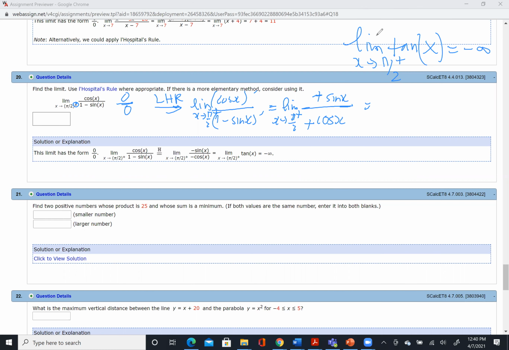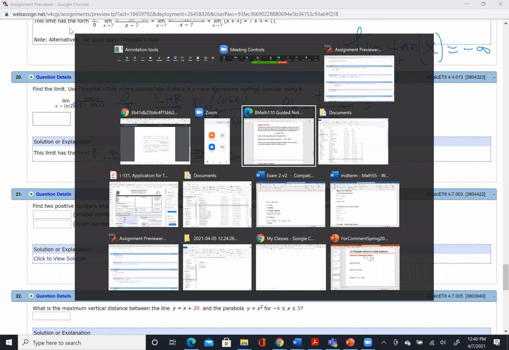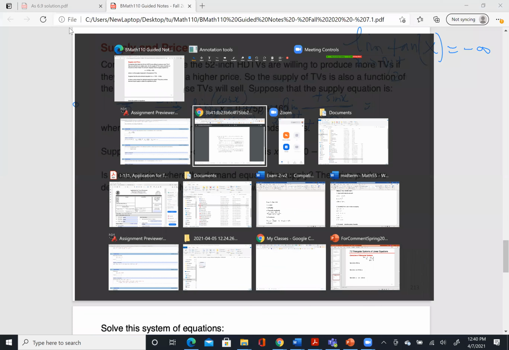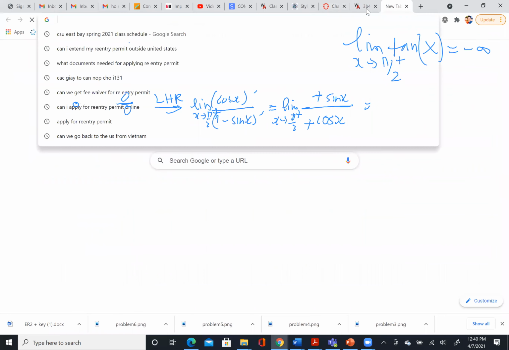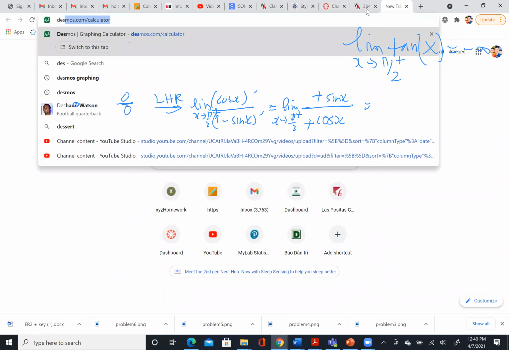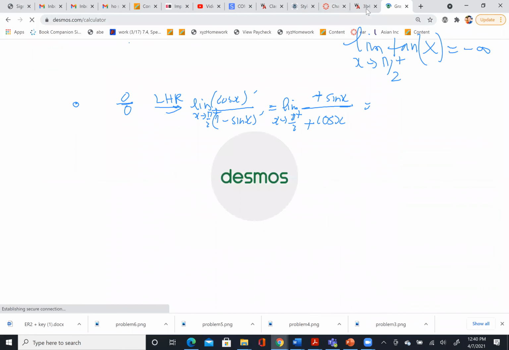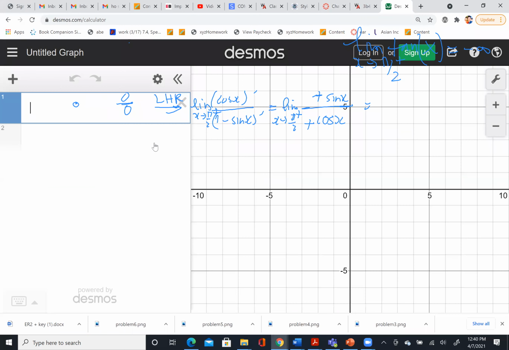Let me show you. So this is the graph of tangent x.